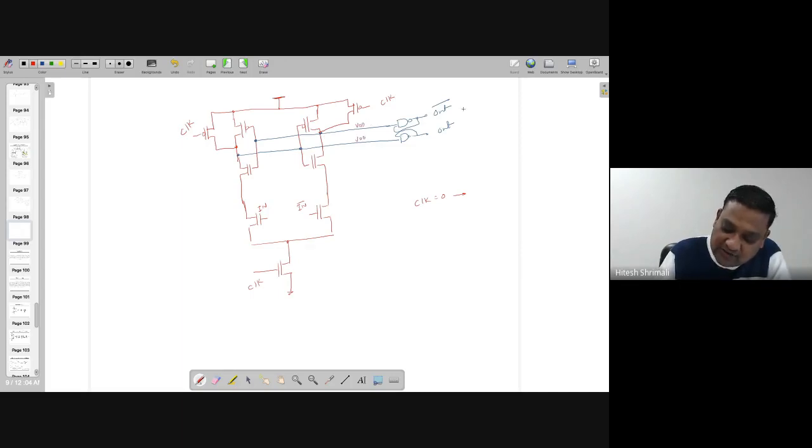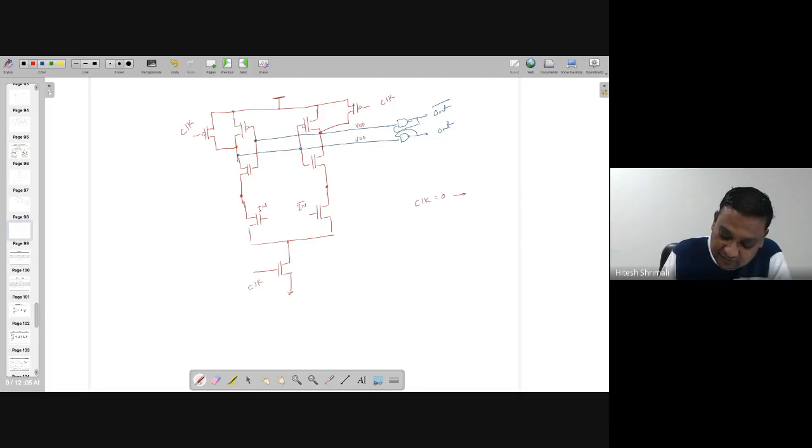So when clock equal to 0, outputs are connected to VDD, and it's going to latch the previous value as per this latch circuitry. And at that time, because these are VDD, these two transistors which are on top are going to be off, and these two transistors are going to be on. And during that time, because of this VDD, the points over here are actually connected to VDD minus VTN, right?